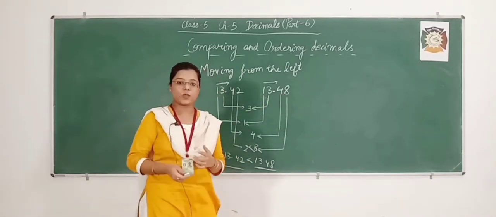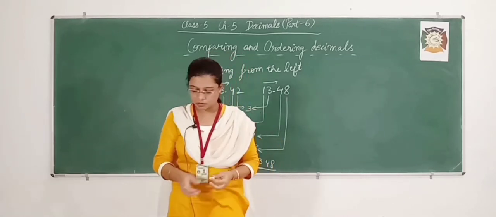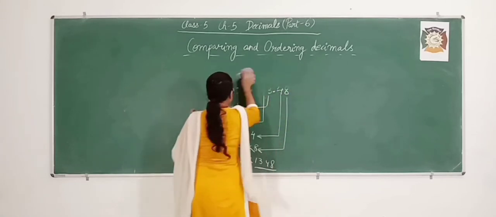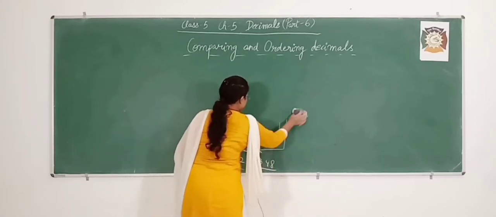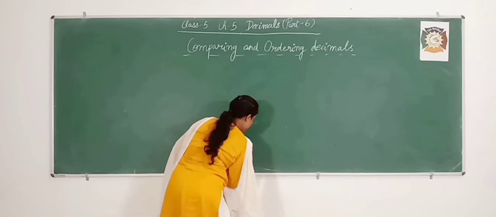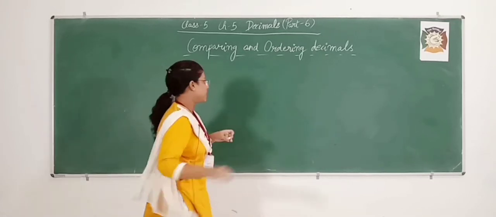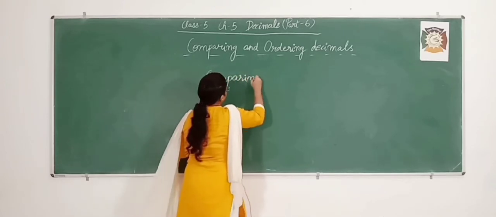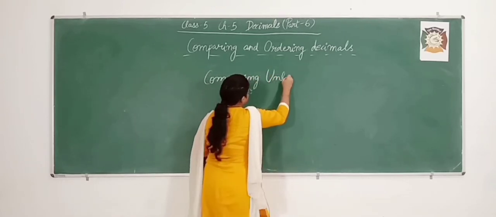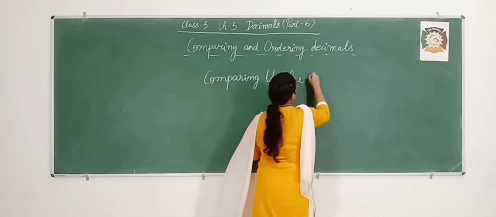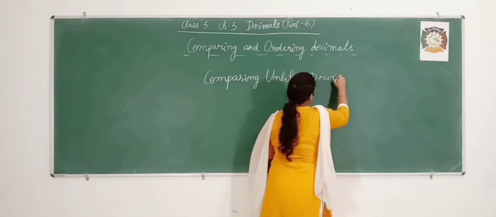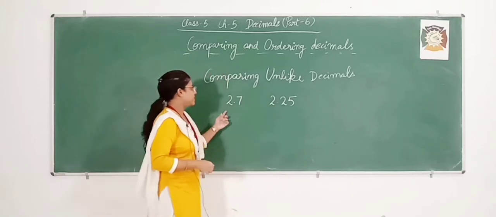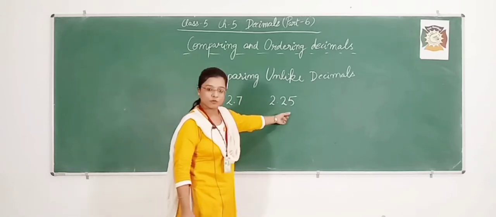This was an example of like decimals because the number of decimal places is the same here. Now I am going to tell you the comparison between unlike decimals, okay? Moving to the next topic, comparing unlike decimals. For this students, I have taken the example of 2.7 and 2.25.